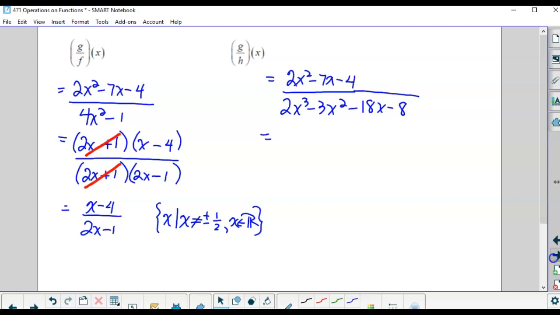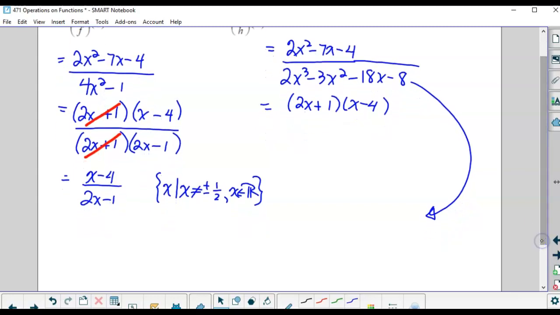Okay, and so we factor. We already did the numerator. Now, for this one, the denominator, we need to remember what we learned a little while ago. So we want to look for possible factors. I mean, you can use your calculator, but let's practice.